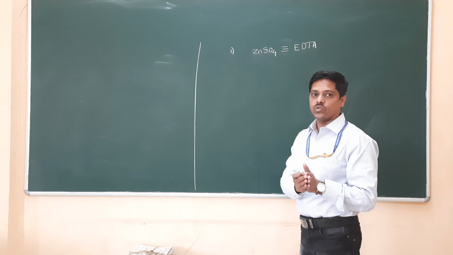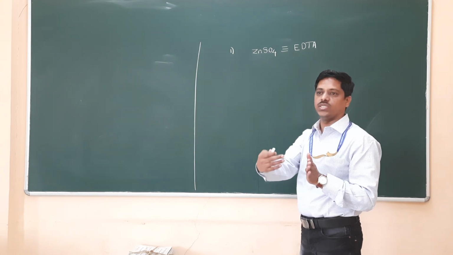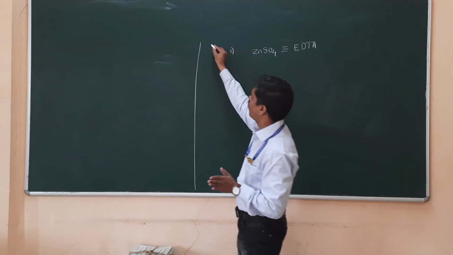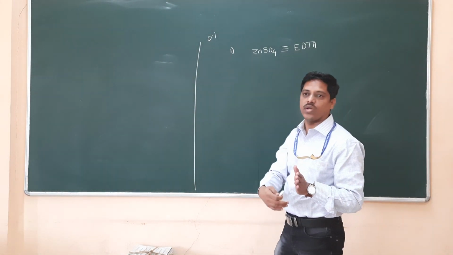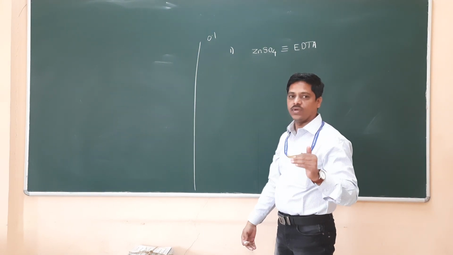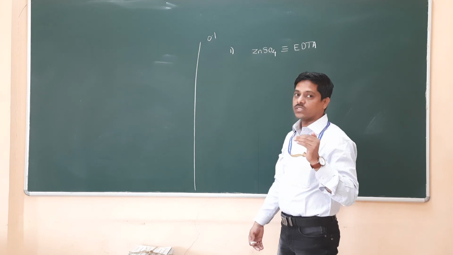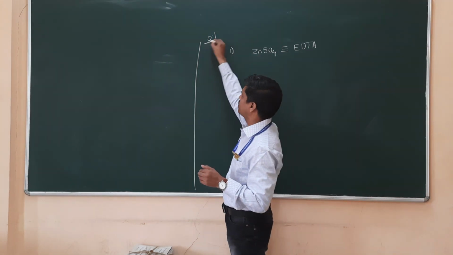So when we are keeping that solution for 2 days, 3 days, its molarity keeps on changing. Suppose we have prepared 0.1 molar. Maybe after 2 days it may be 0.098, 0.095. So like this molarity will decrease. Okay, so some solution whose molarity keeps on changing is the secondary substances.